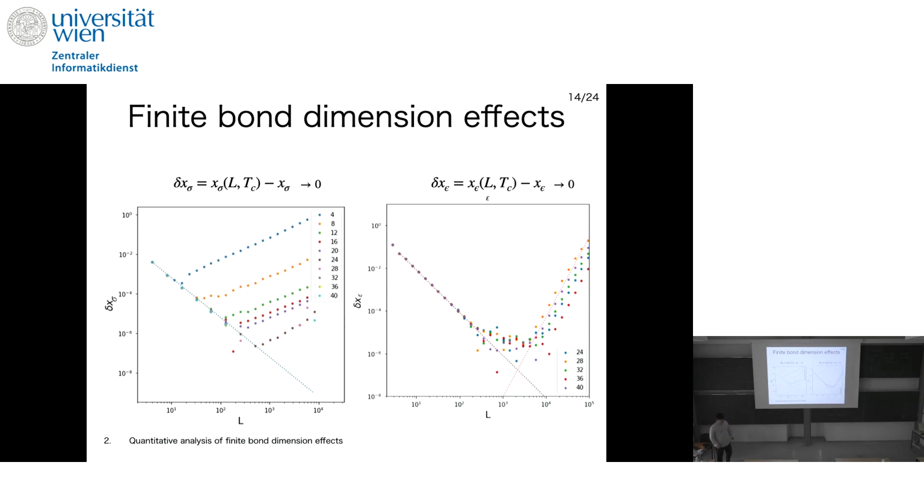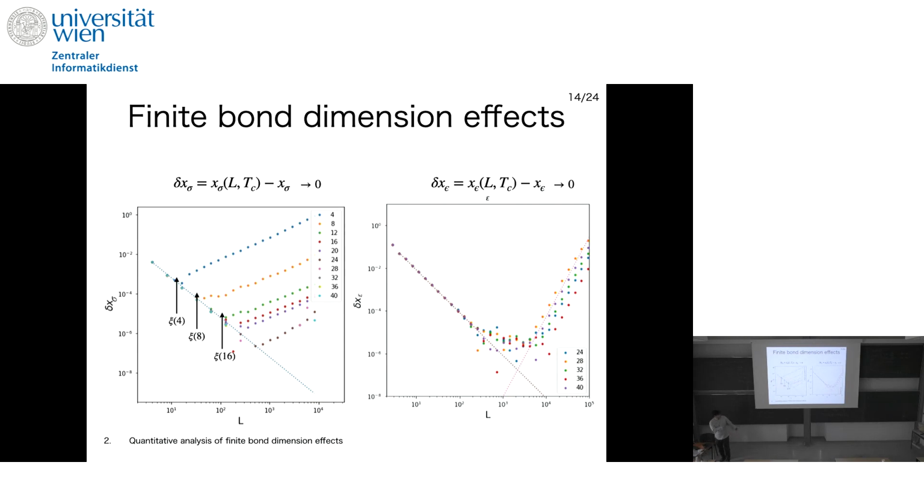But when you calculate it, what you find is that initially you start to converge. This is the bond dimension. Initially you start to converge, but at some length scale, you see some deviation from the critical value.